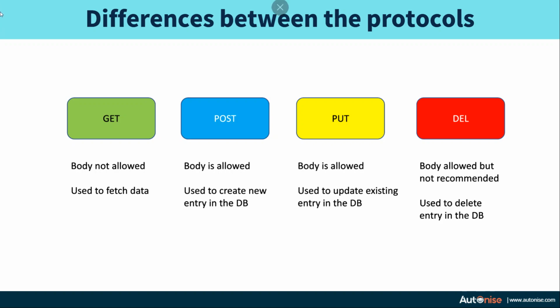So in the GET method, we do not have any body. The GET method is only used to fetch data from the server and it does not have any body or payload inside of it. You can still send some limited information in the GET request in the route itself. We'll have a look at how to do that in Flask later on.